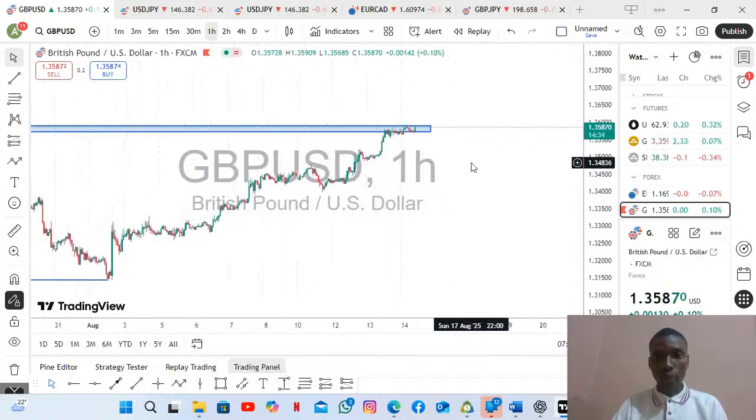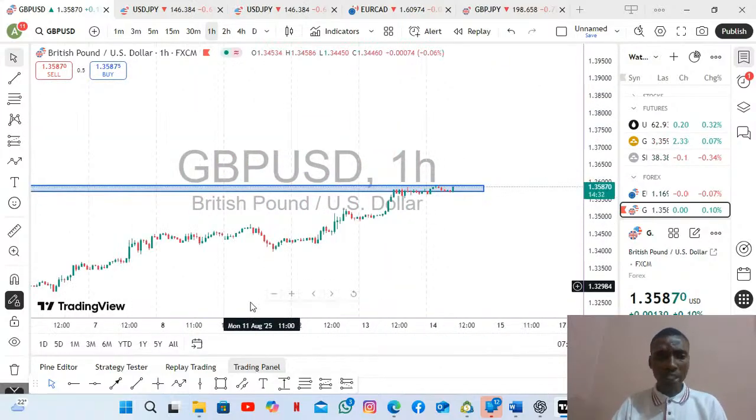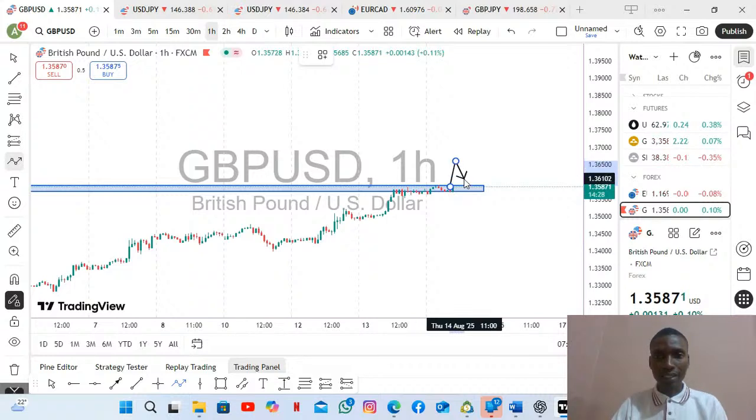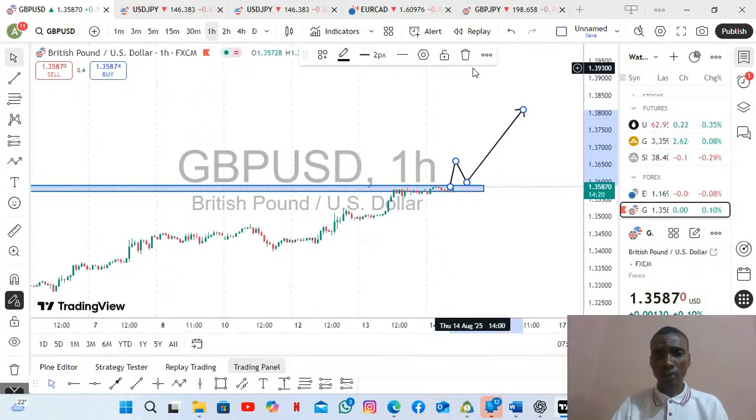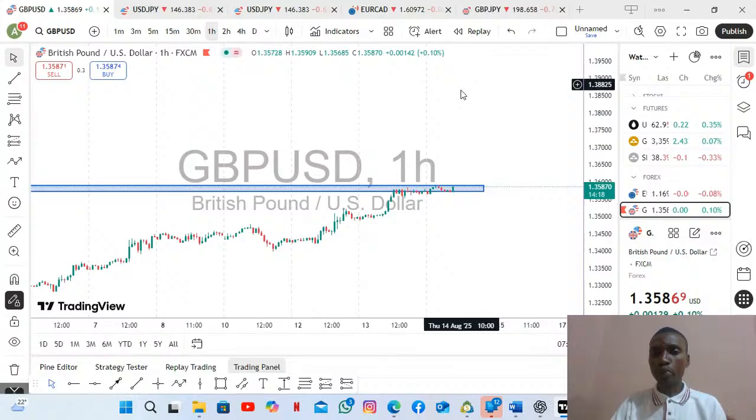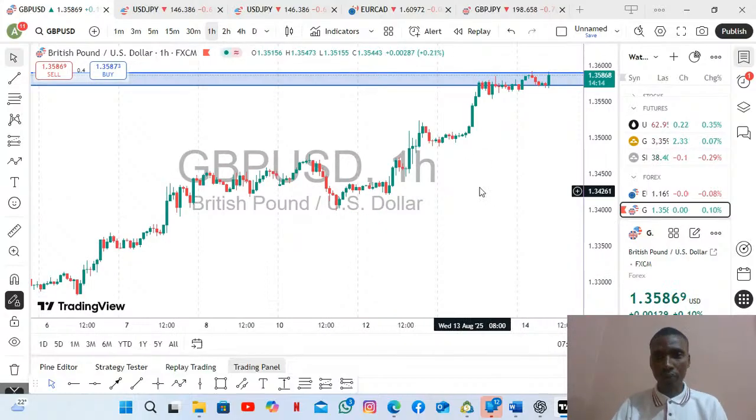We anticipate price to come down, but what if price breaks above and retests? It means it is no more coming down, so we have to go up. So price is presently within a range, but we just stay put. Price is in this order block, and we are not going to do anything.